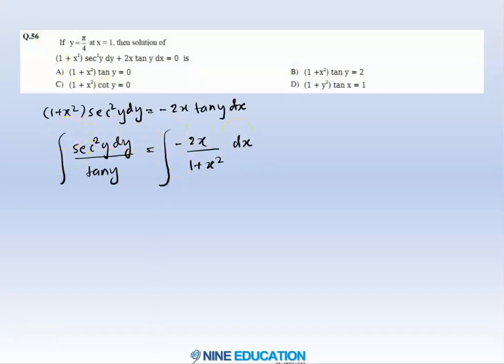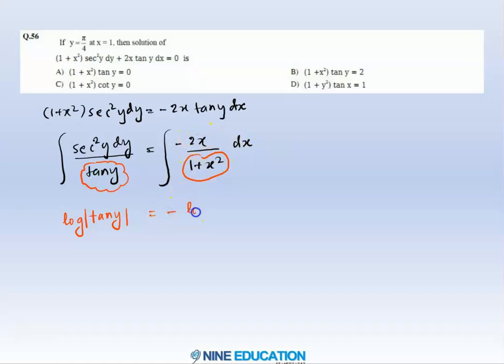If we observe the left side, if we put tan y is equal to t, then its differentiation is already in the numerator. So we can directly say that this is log of tan y. And that is equal to, again if we observe the right side, we have 1 plus x square in the denominator whose differentiation is 2x.